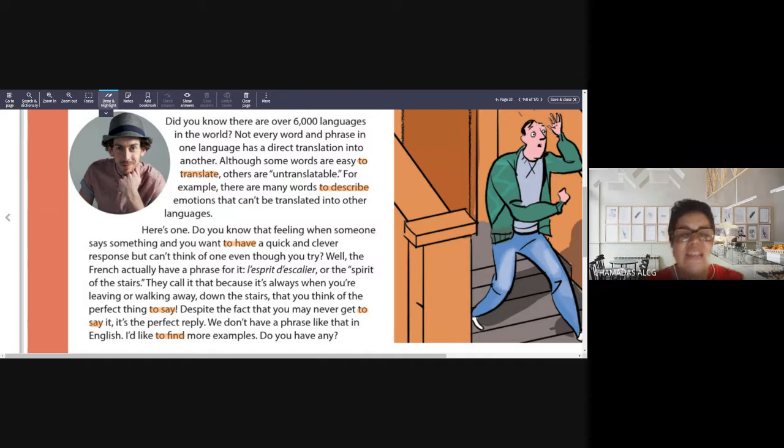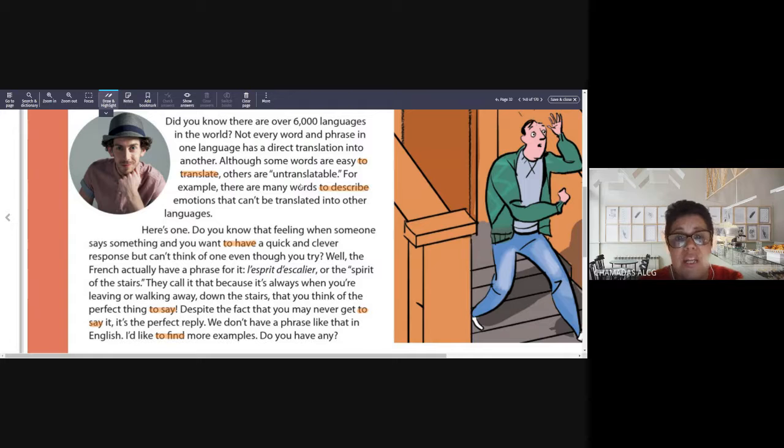So as you can see, guys, we use infinitives a lot, right? We use them all the time. We use infinitives after adjectives when we use a verb. We use infinitives when we want to mean purpose, when the idea is to express purpose.